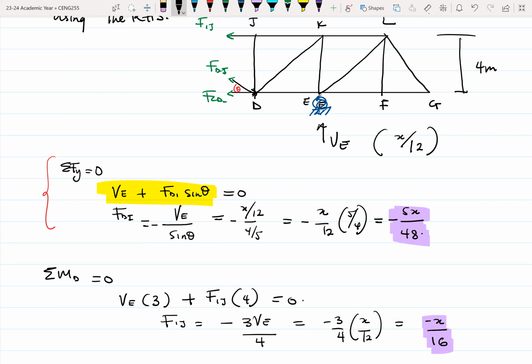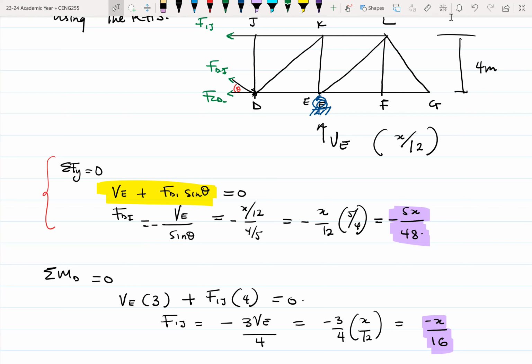And if you take moment about D, you eliminate FDI and FCD because FDI and FCD are passing through the point D. So the moment due to these forces would be 0. So in that case, you only have moment due to VE and moment due to FIJ.